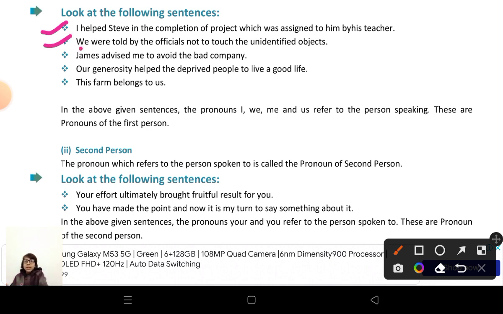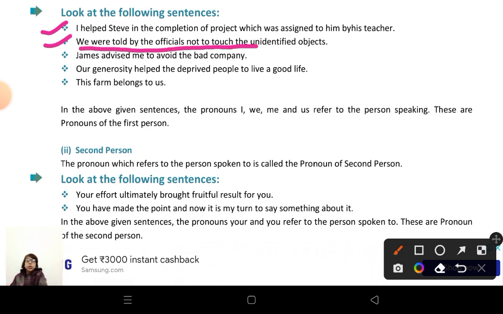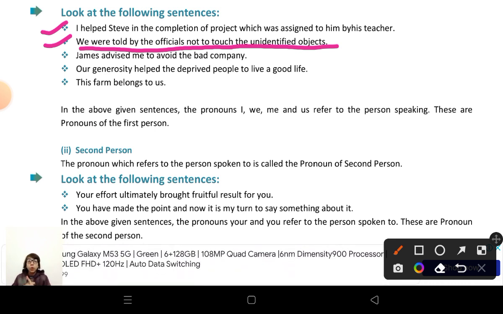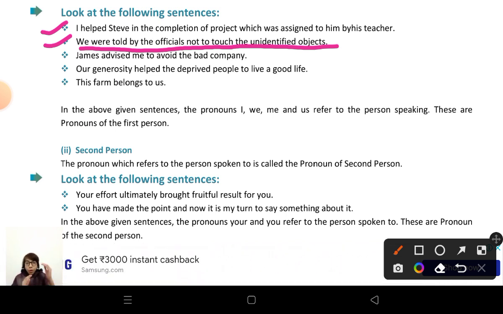The second is, we were told by the officials not to touch the unidentified objects. So what is the we? We is the speaker.